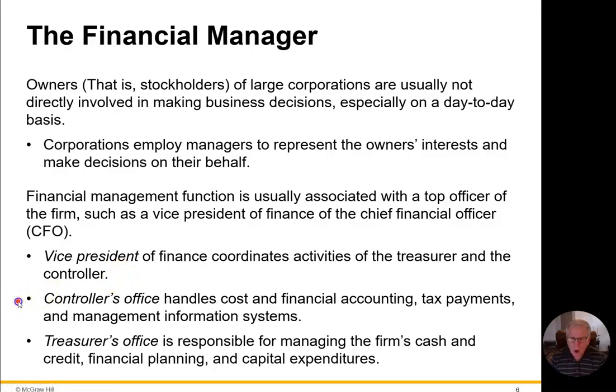The controller's office handles costs and financial accounting, taxes, management information systems, those kind of day-to-day receivables and payables and payroll and that kind of thing. The treasurer's office are the money managers. They're responsible for managing the firm's cash, credit, financial planning, and in some cases, capital expenditures.